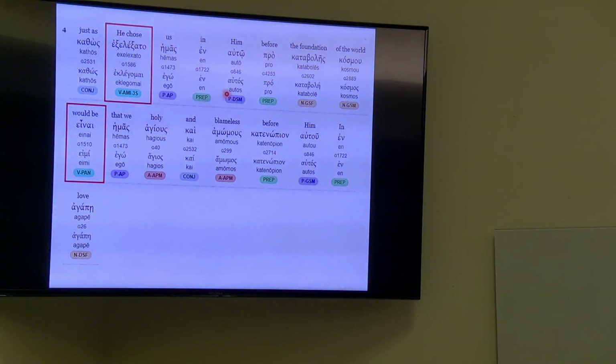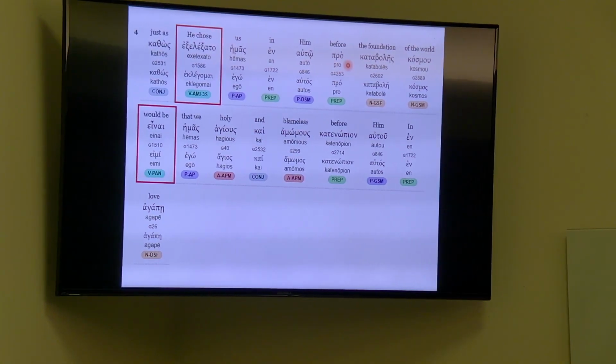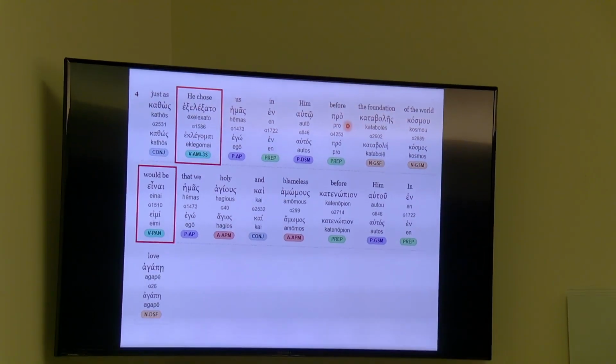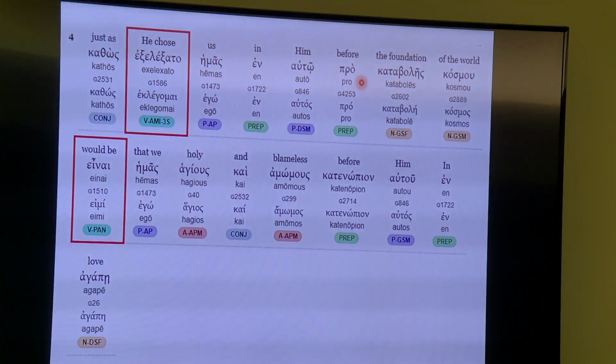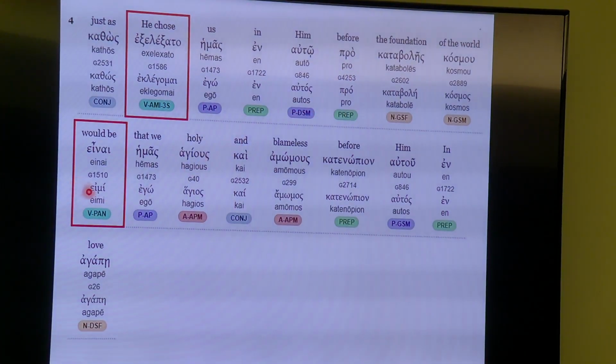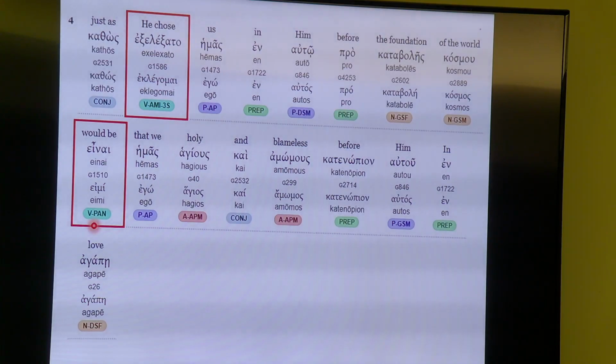He chose us in him before the foundation of the world, literally before foundation of world, but this preposition probably means not just any old foundation of the world, but there's only been one. So it's the foundation of the world. Notice here we have, he chose us in him to be. This is a present active infinitive.